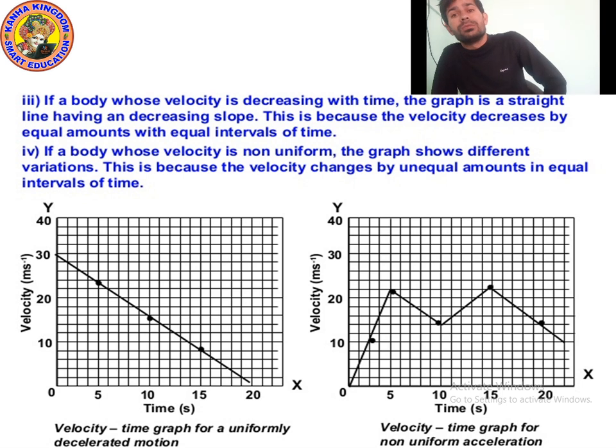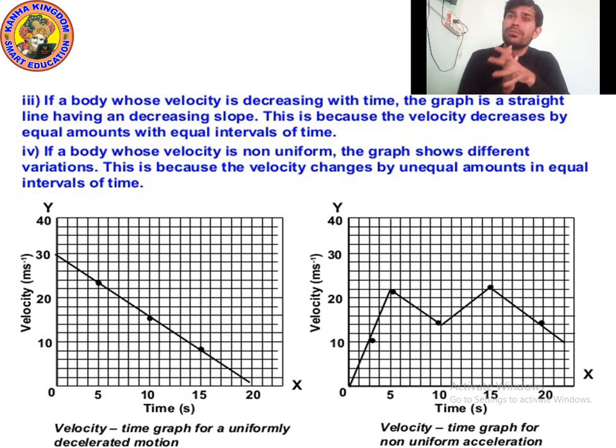Sometimes it goes up, sometimes it goes down. So if a body's velocity is non-uniform, the graph shows different variations. This is because the velocity changes by unequal amounts in equal intervals of time.